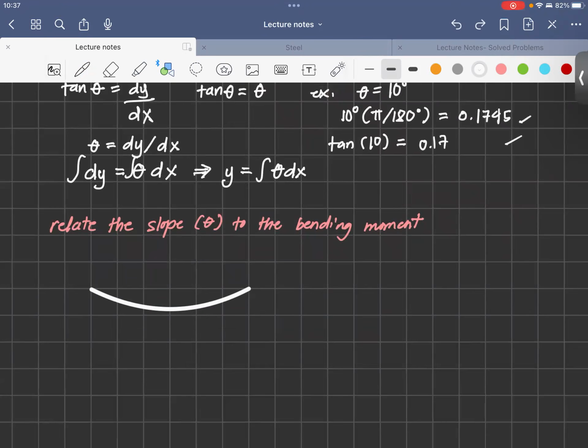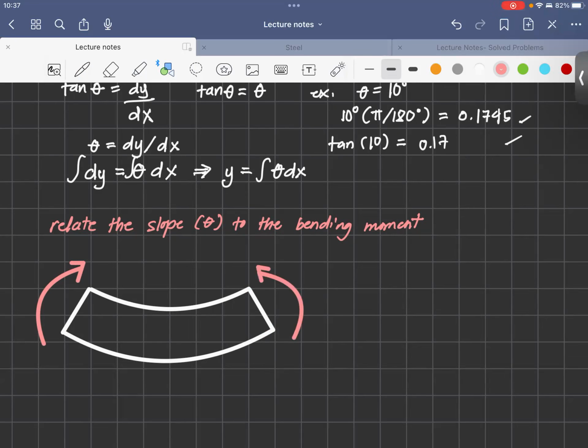If the beam is subjected to bending, when we have a bending moment on the beam, the surface here at the top is being compressed, and the part at the bottom is being stretched.